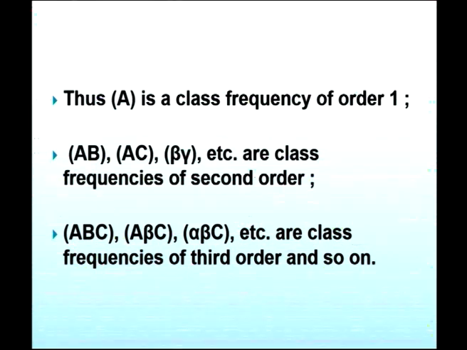Then AB, AC, beta gamma, etc. are all class frequencies of second order, because they represent two attributes grouped together. Then ABC, A beta C, alpha beta C, etc. are called class frequencies of third order, and so on.